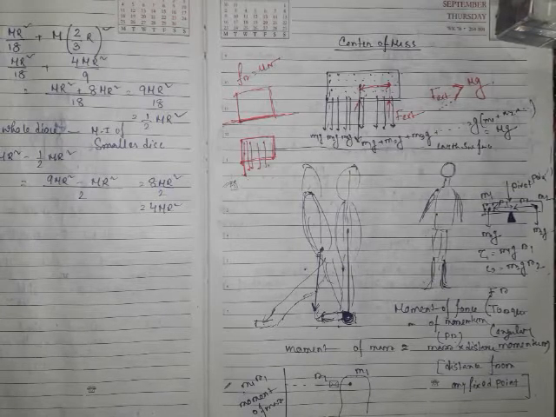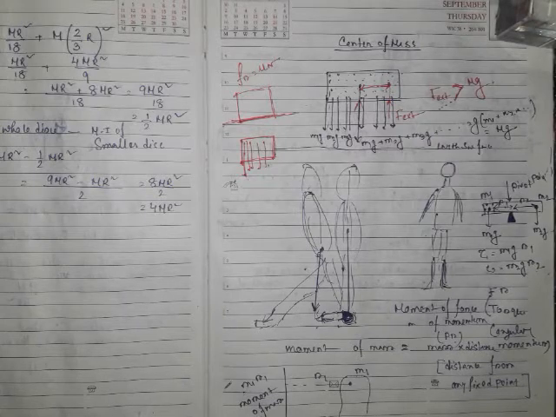So we just take the concept of center of mass, that is the point about which the total mass of the object is equally distributed. Okay, so that is the concept of center of mass.